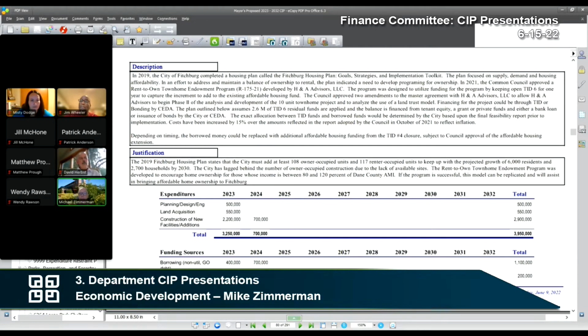So that way they can kind of respond to RFPs based on helping us identify a site rather than us picking the site and then them making them fit their project to fit our site. We just think that might be a better approach to have them on the front end. So there may be a budget amendment to come and tap into some of the TID 7 affordable housing funds that were still in the bank there to engage some of those services earlier in 2022 as we continue the site analysis. So stay tuned for that.